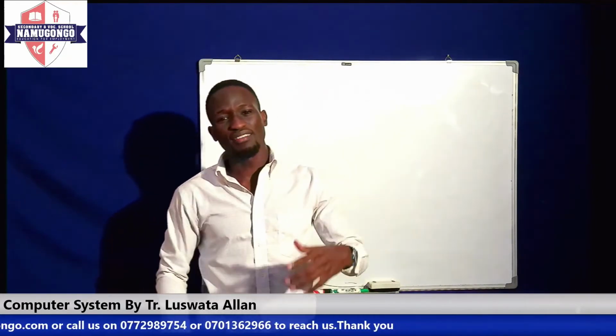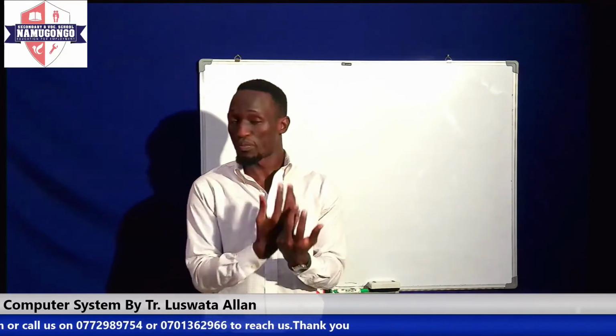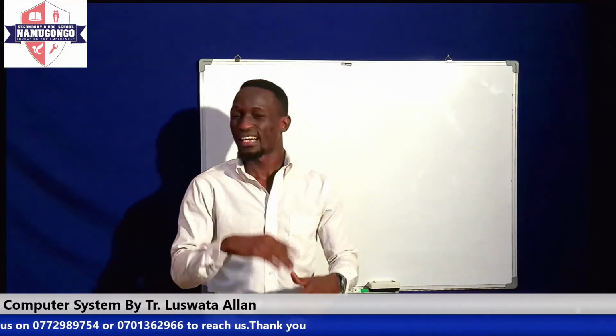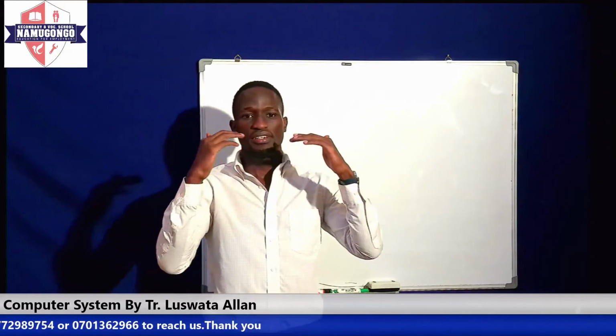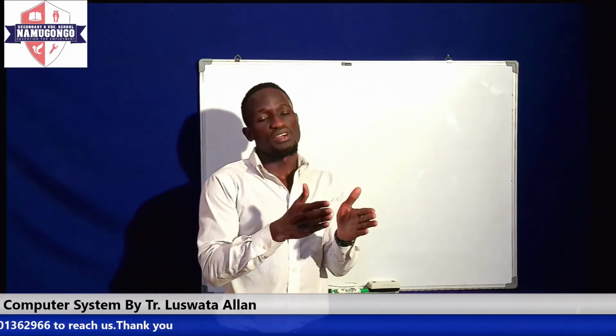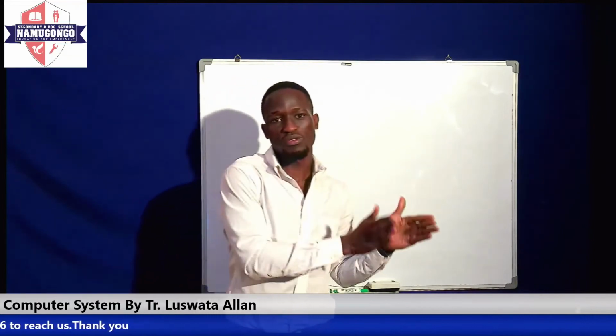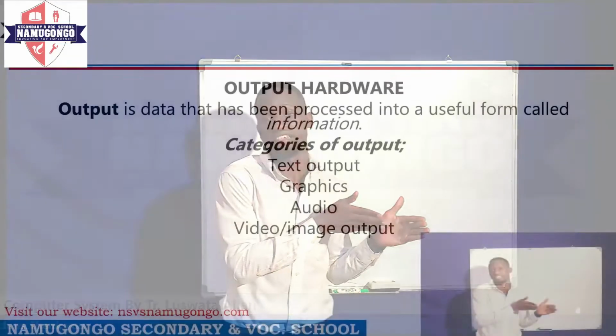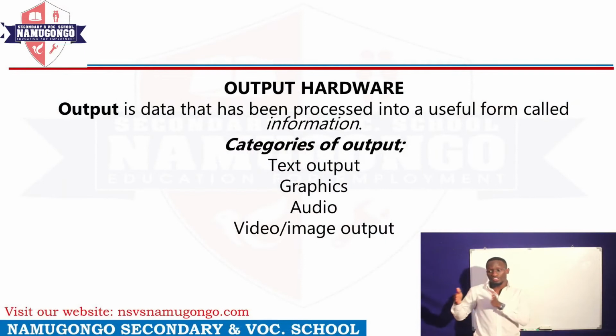So we have categories of output. How can we distinguish the various categories of output? There is text output where you have words. There is graphics output where you have images, pictures, photos. That is what we call graphics.